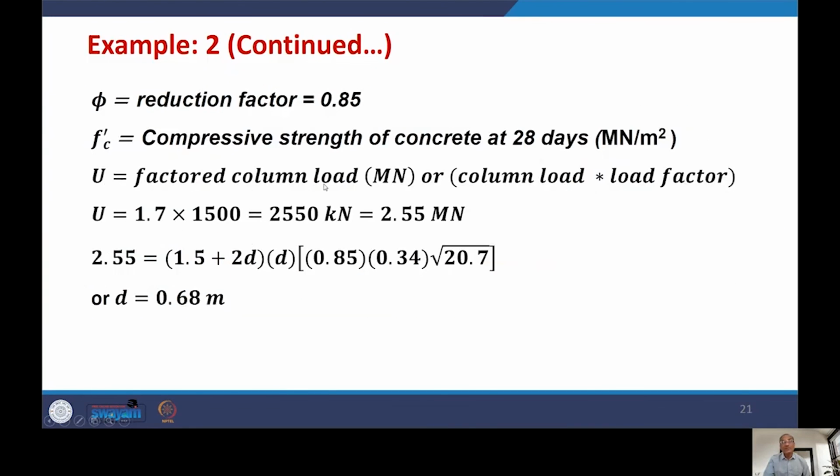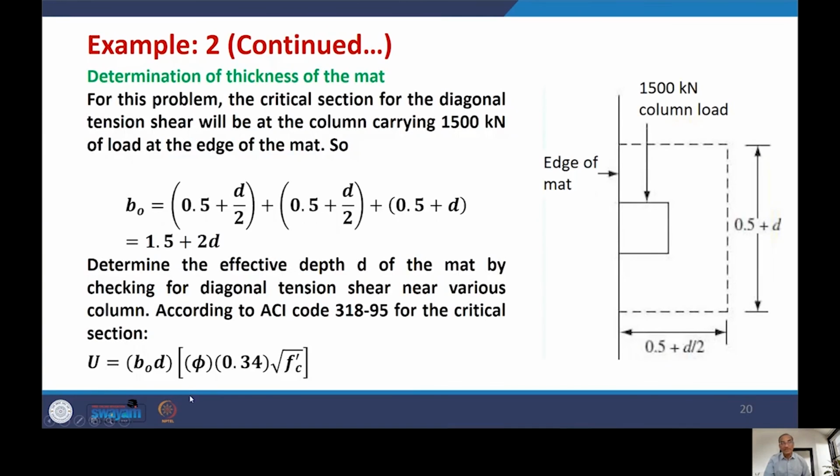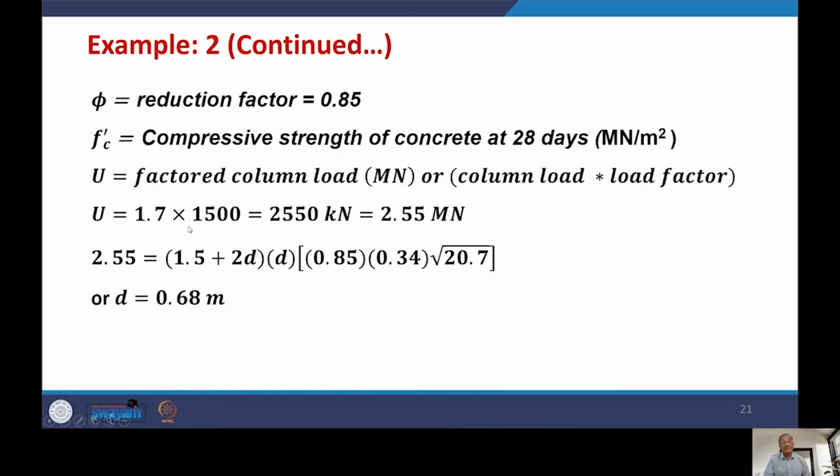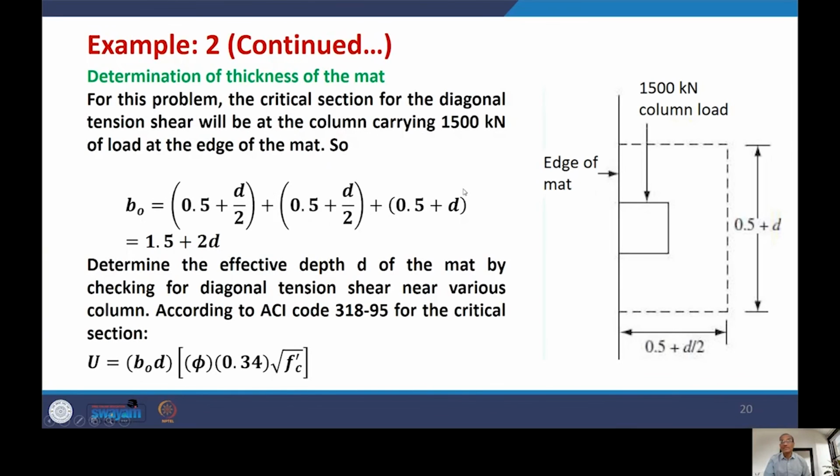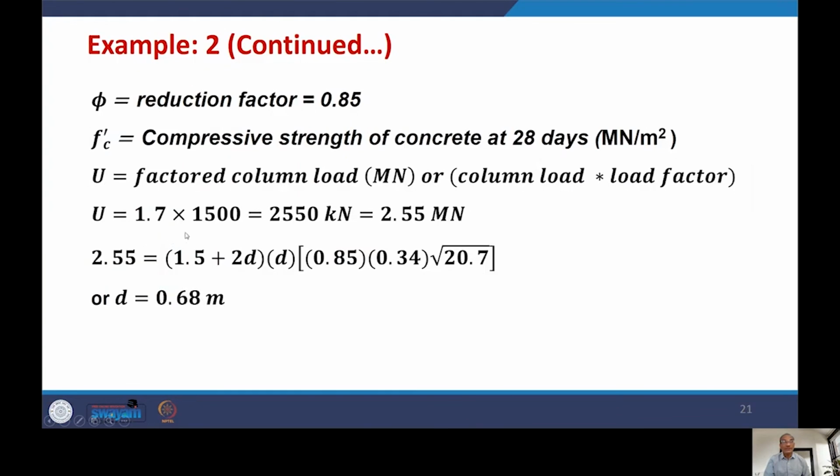U is the factored column load, which is the column load multiplied by the load factor. Here the load factor is given to you as 1.7. So 1.7 multiplied by the column load given here, 1500. So you get the factored load as 2550 kilonewton, that is 2.55 meganewton.